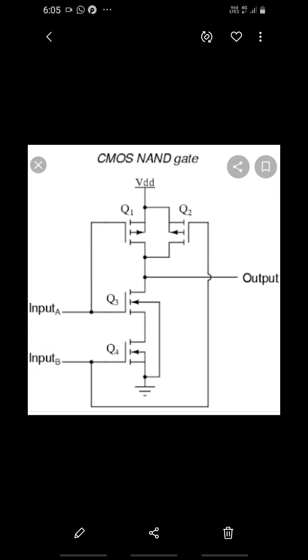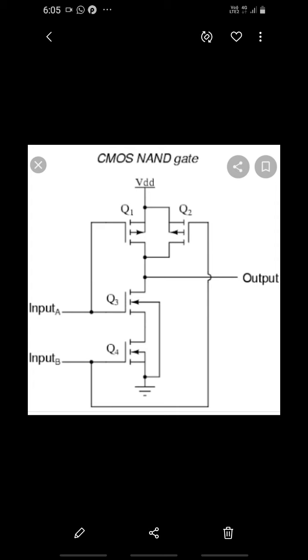The CMOS NAND gate has two inputs, A and B. Here P channel MOSFETs Q1 and Q2 are connected in parallel, and N channel MOSFETs Q3 and Q4 are connected in series, as shown in above PPT.